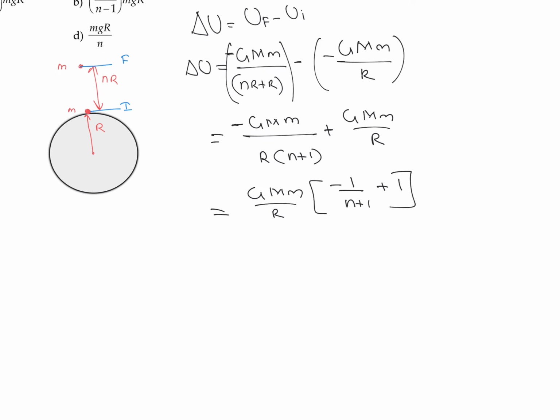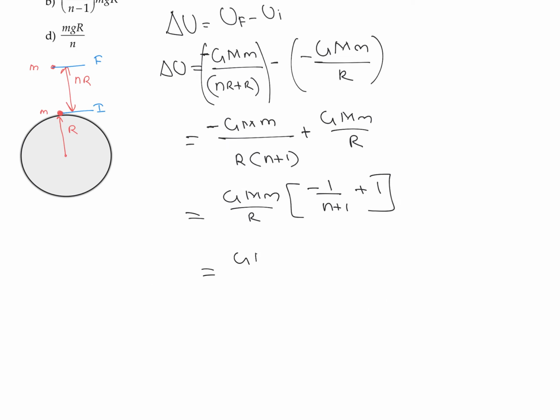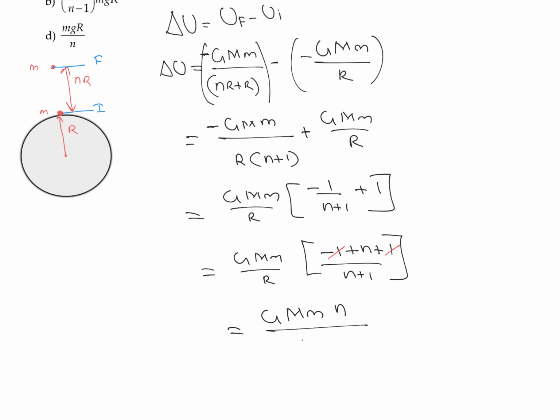Taking n plus 1 as LCM, we get GMm divided by R into (minus 1 plus n plus 1) divided by (n plus 1). So the plus 1 and minus 1 get cancelled. We get GMm into n divided by R into (n plus 1).